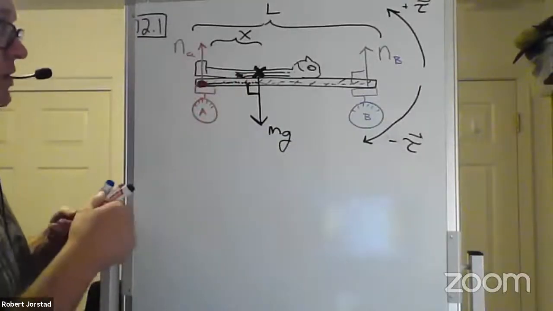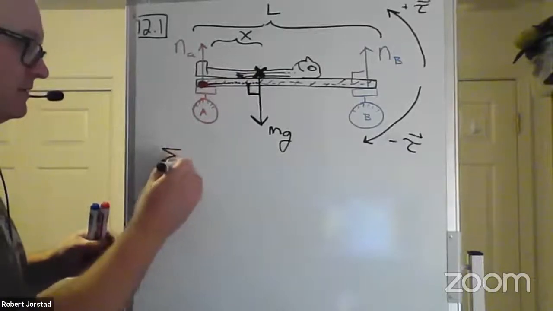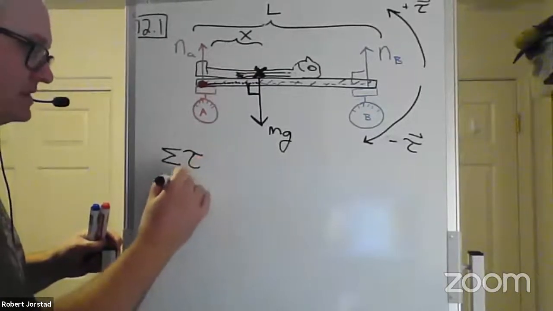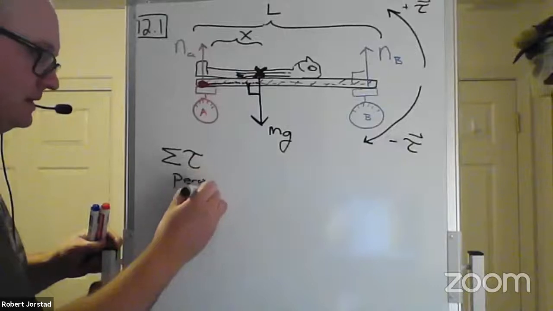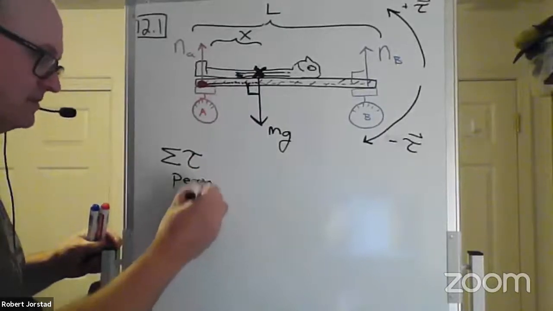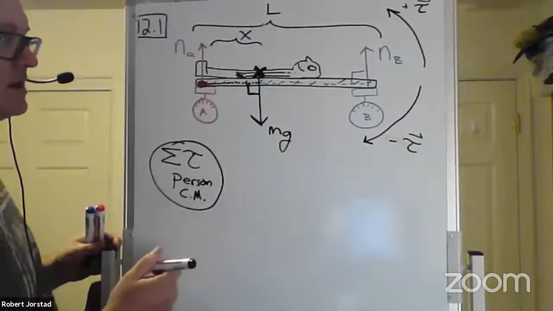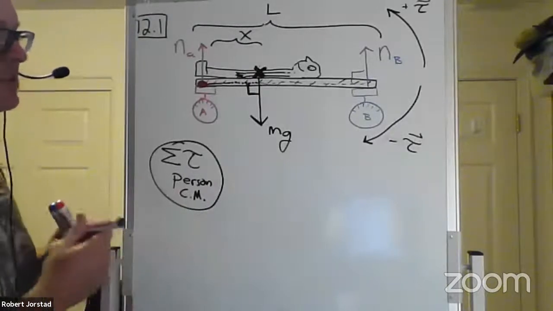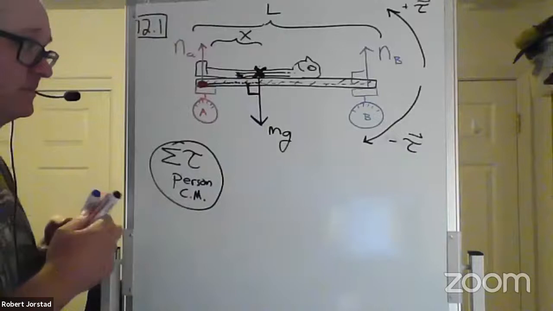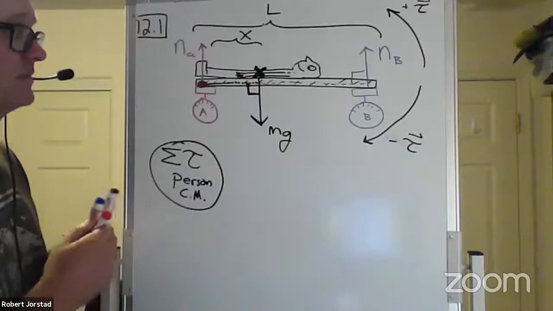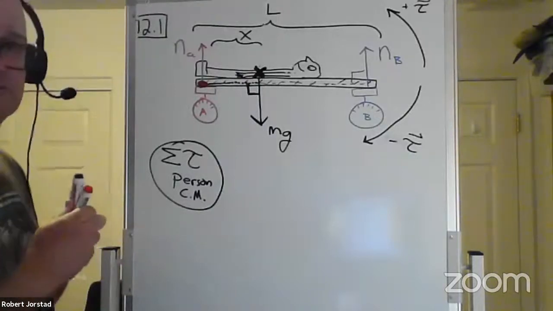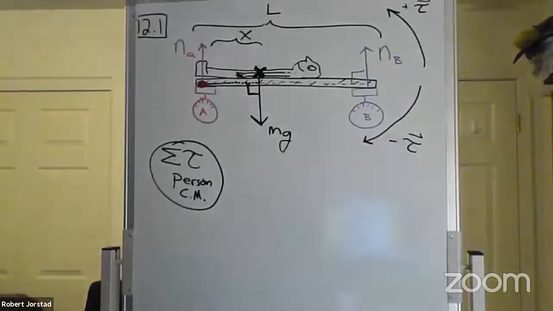Next, you said use this. So let's just worry about the sum of torques about the person's center of mass. Okay. So what are the two forces that cause torques, Gonzalo? What do you think?